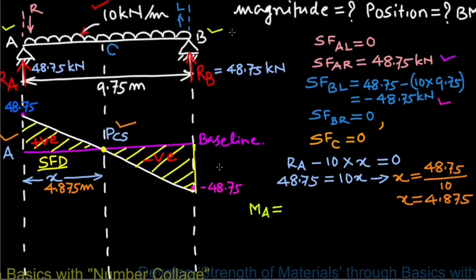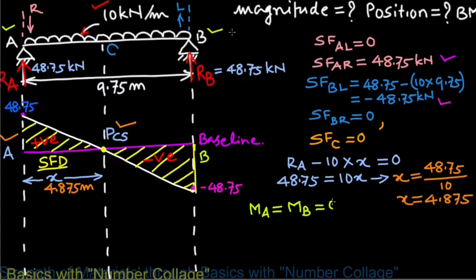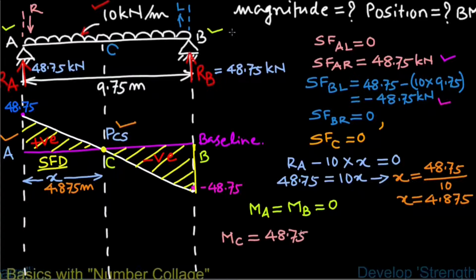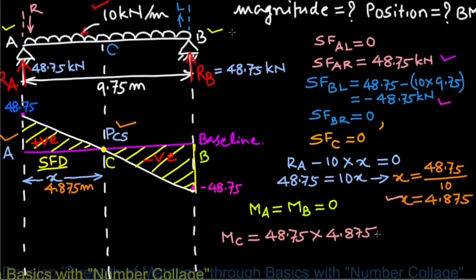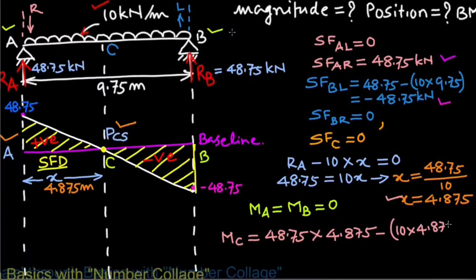Now for bending moment calculations, we know that the bending moment at point A, MA, equals bending moment at point B, MB, equals 0, as there is no bending at the end supports. Now bending moment at point C, MC, will be RA, which is 48.75 kilonewton, multiplied by distance x, which is 4.875, minus UDL 10 multiplied by 4.875, which is x, multiplied by half of x, that is 4.875 upon 2.